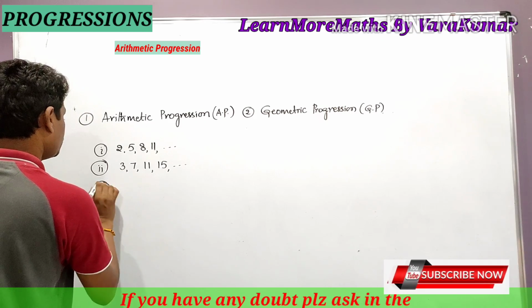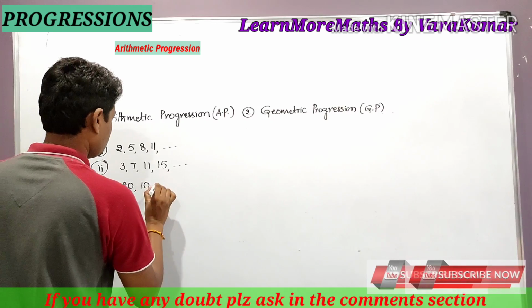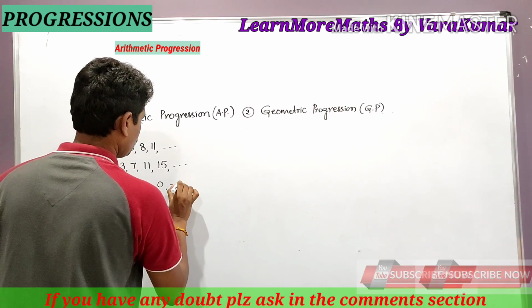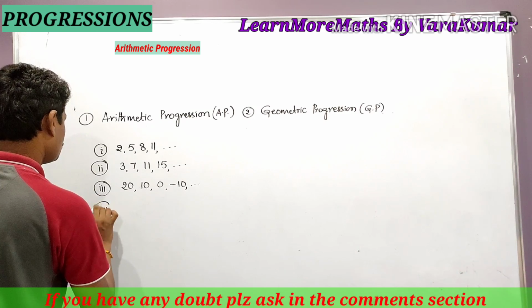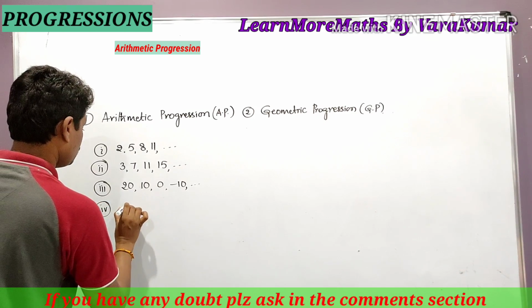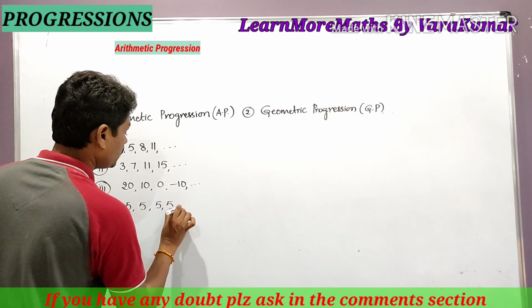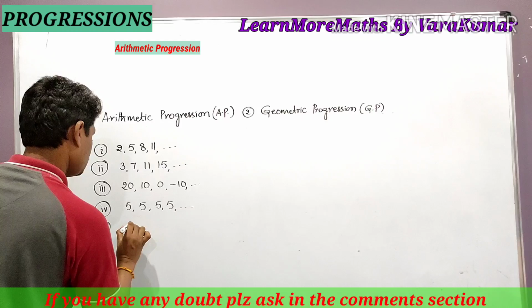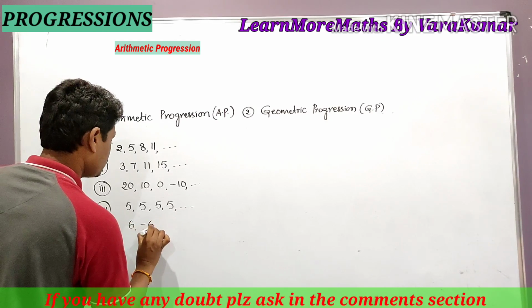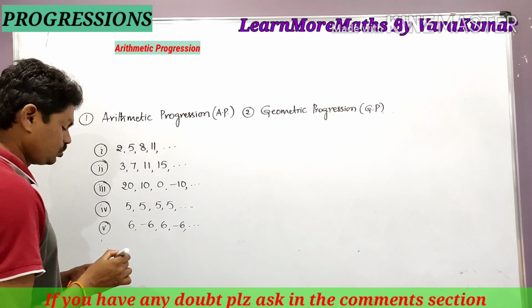One more: 20, 10, 0, minus 10 and so on. Next, 5, 5, 5, 5 and so on. Next one, 6, minus 6, 6, minus 6 and so on.